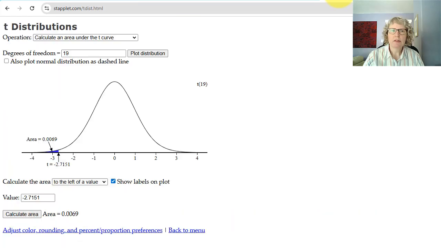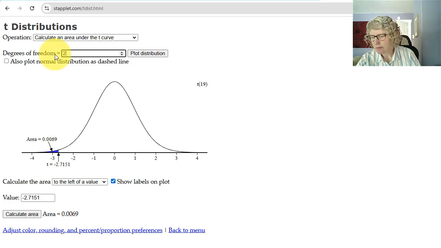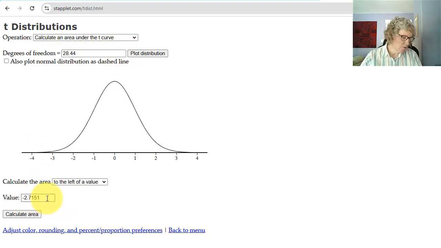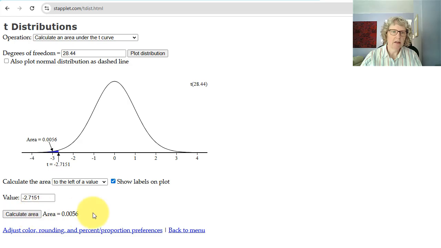Here's my t-distribution. So I would just change this to 28, change the degrees of freedom at the top to 28.44, replot. Luckily it remembers the number I had. And the area is 0.0056, so a little bit less. Okay, so I would say this one is more accurate, the other one is more conservative.